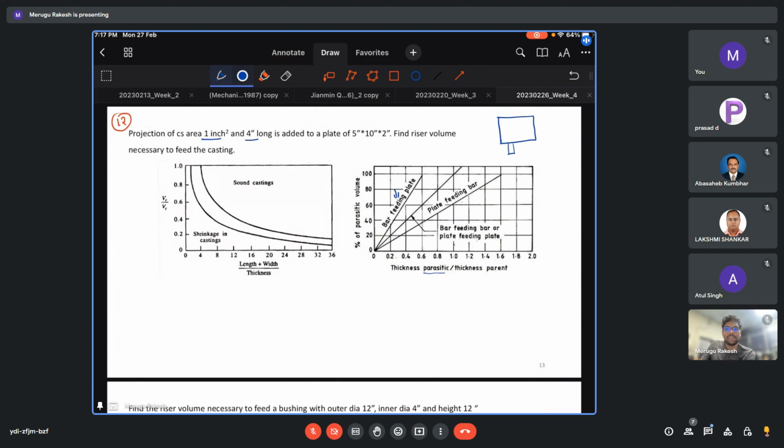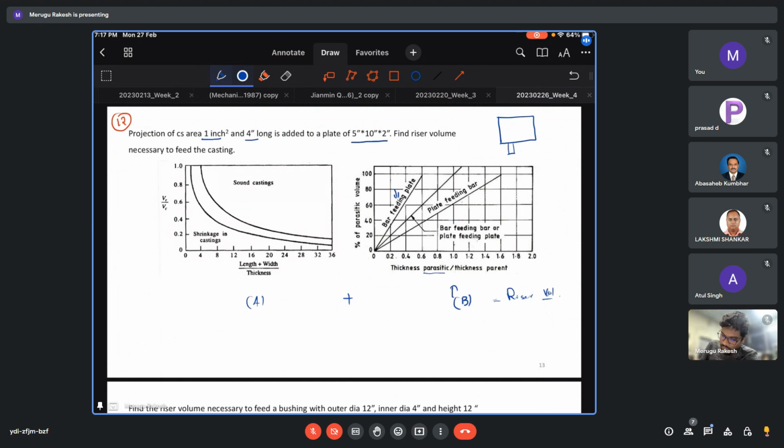This volume is added, so suppose you get some value b in this case and some value a in this case, we should take the addition of these two values as the riser volume. Okay, so let me calculate. First we have the plate as 5 times 10 times 2.